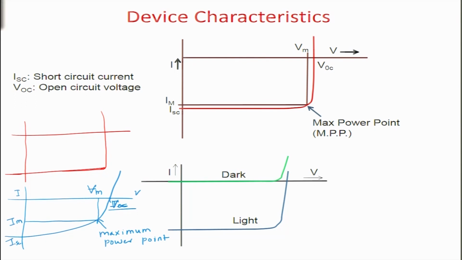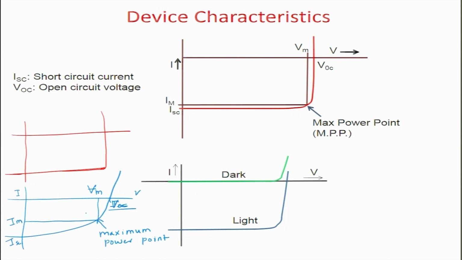Basically, if you multiply ISC and VOC, this is the theoretical amount of power that you should be able to generate from a solar cell. But this is limited by the fact that you have device recombination mechanisms and so on and so forth, which we will see later on. Because of the decrease in the current as a function of voltage, due to recombination and other issues, the maximum power that can be extracted from a solar cell is much smaller than this.